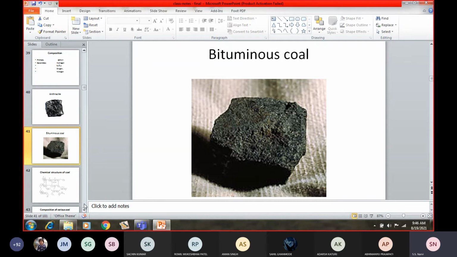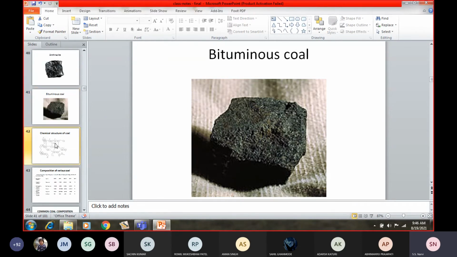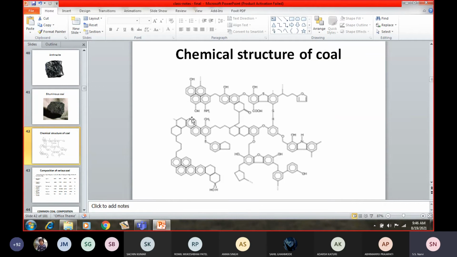The composition, along with the tetrahedral carbon, you have this type of structure also in the bituminous type of coal. In case of anthracite coal, mostly you have tetrahedral carbon. Here you have a good amount of non-tetrahedral or polycyclic hydrocarbons, isn't it?